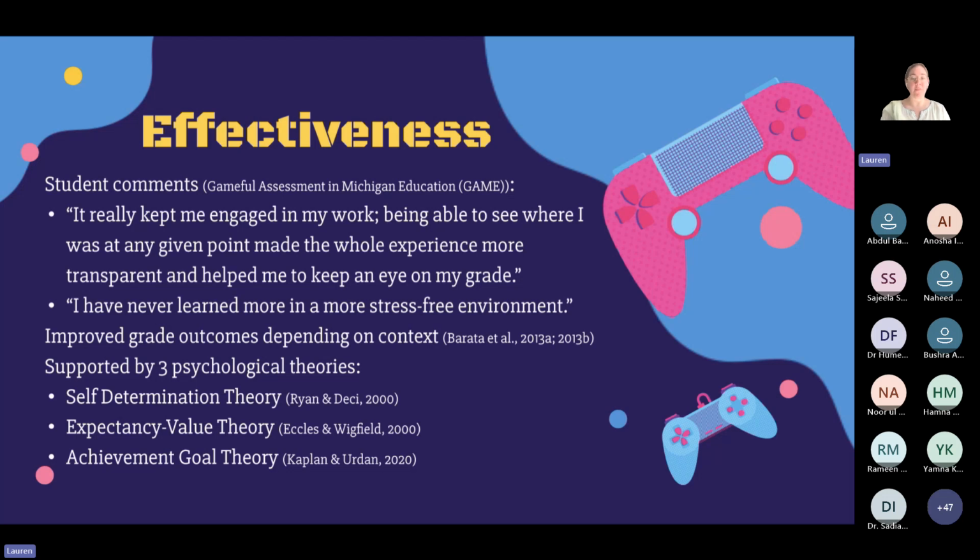People are more motivated when they feel a sense of accomplishment. People are more motivated when they feel that it's a high value task and they expect that they can complete it successfully. And they are more motivated to do a task when they feel like completing it will help them achieve some goal.